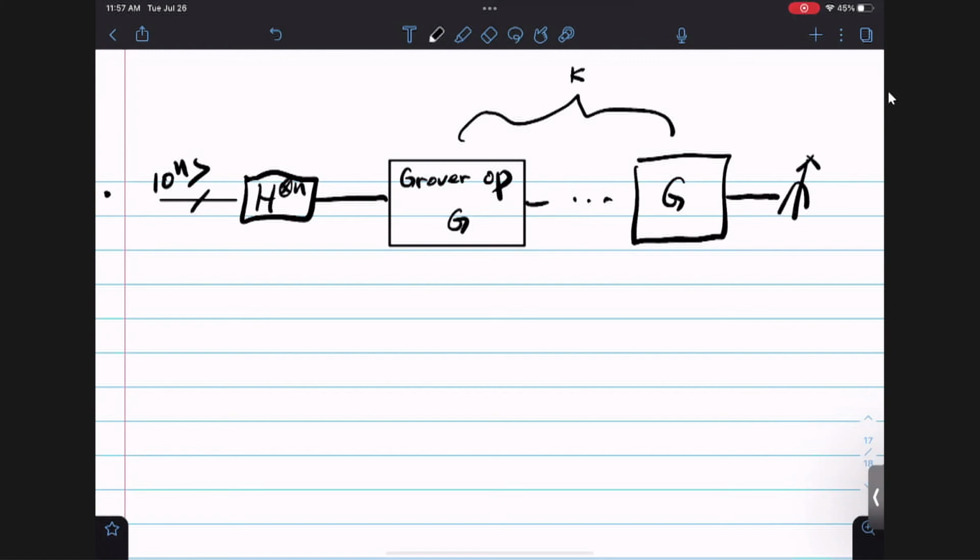Finally, we make a measurement, and this will give us the marked item, if it exists. Well, with high probability, I should say.